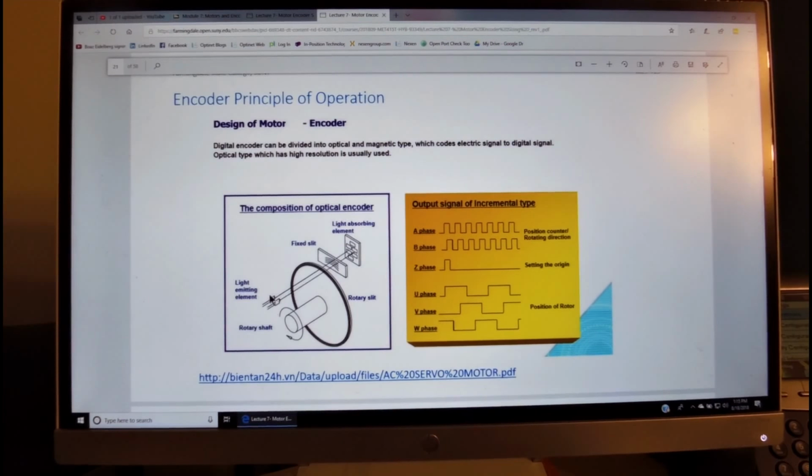Then on the body of the motor, we have light emitting elements which go through the slots. They are conditioned, and then they hit a light absorbing element.